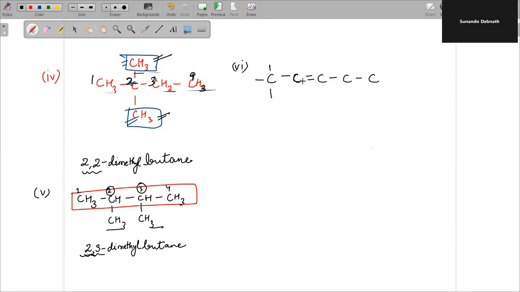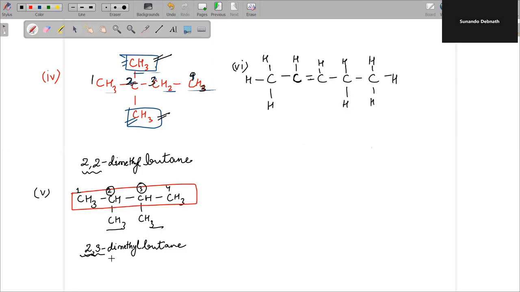Now this carbon, second carbon already has 3 lines, so only one line would be coming around it. This carbon also has 3 lines, 1, 2, 3. So again, one line. Now let us satisfy the tetravalencies by hydrogen.